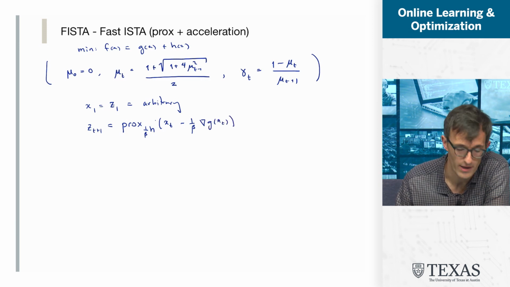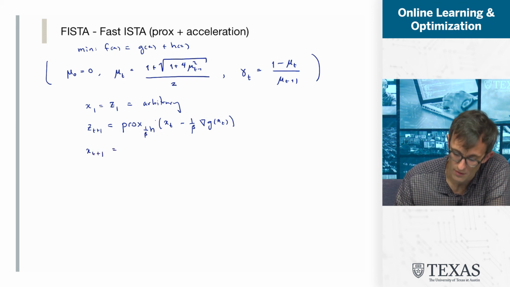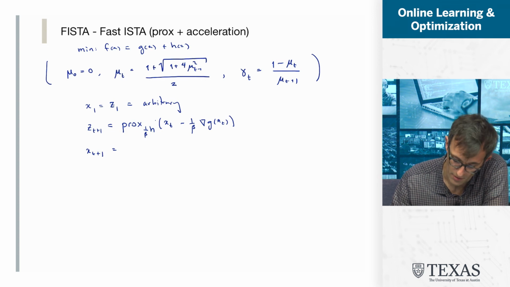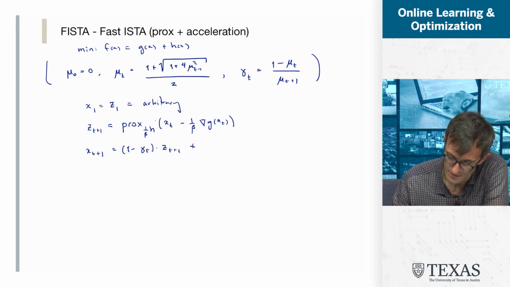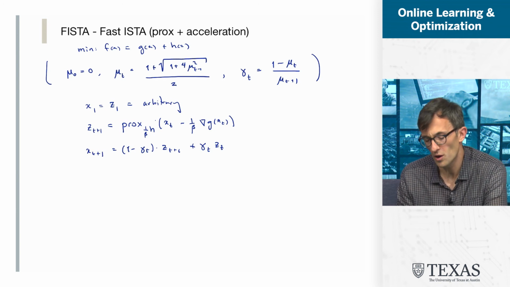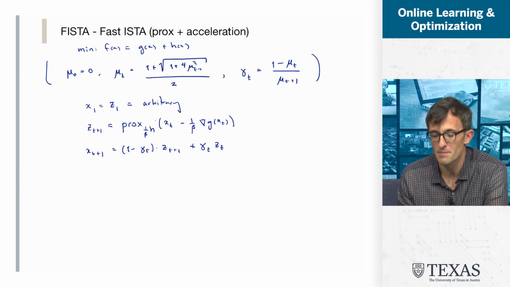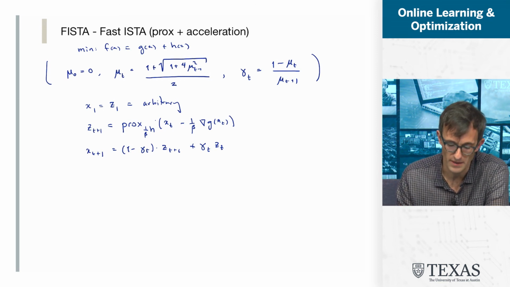This is exactly what we had on the previous slide. And x_{t+1} will be now, you'll see this momentum term here, (1 minus gamma_t) times z_{t+1} plus gamma_t times z_t. So you'll see that x_{t+1} depends not only on x_t, but it also depends on x_{t-1}. That's exactly this concept of momentum.